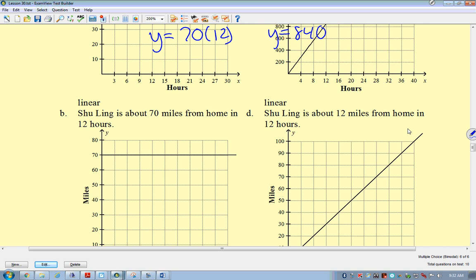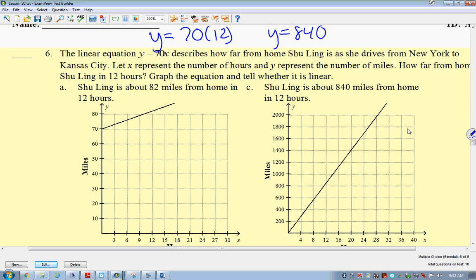No, so we should be able to get C for our answer, and we can go ahead and take a look. All right, we're looking for 12 hours, a little over 800 miles, right? We see that show up right there, correct? All right, so do we understand how to use some of this information to correctly determine graphs? Okay.